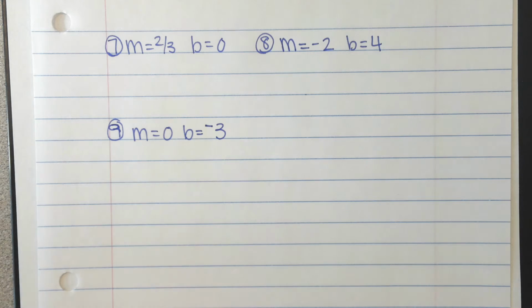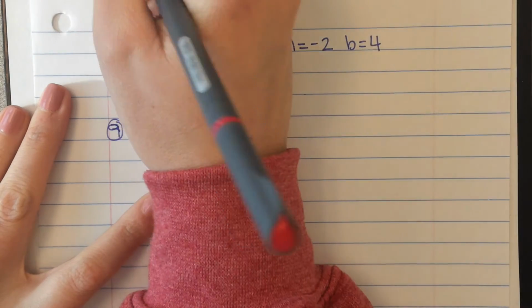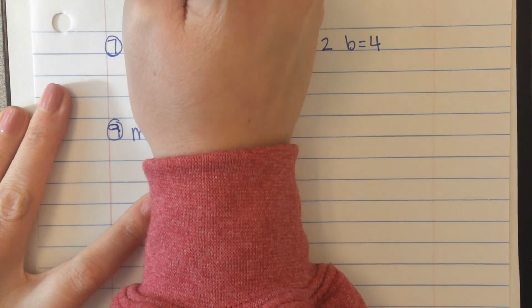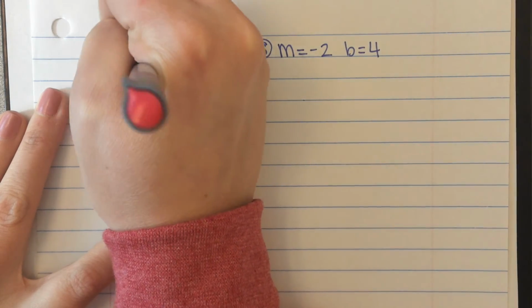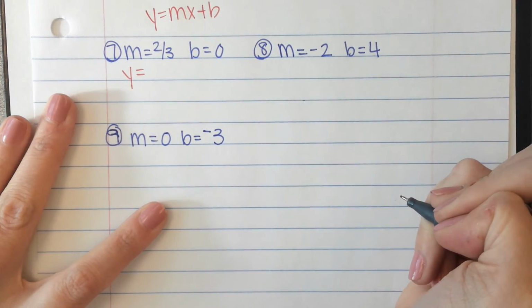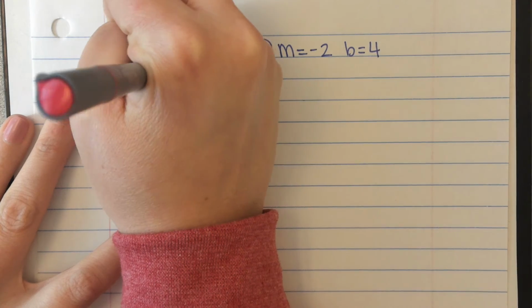Okay, now we're going to switch gears just a little bit. I've given you an m and a b, and I want you to create an equation from that. Okay, so number 7, we know we're using y equals mx plus b. I'll make another note of that. So on number 7, y equals, what do we plug in for m? 2/3.